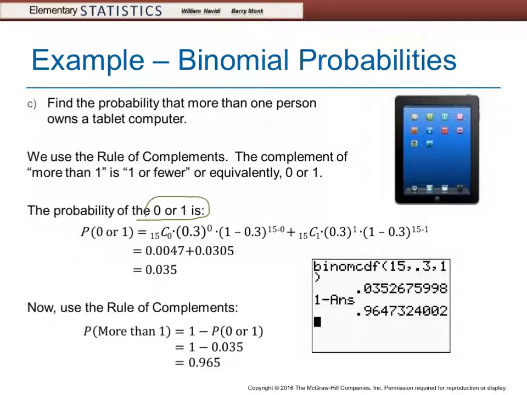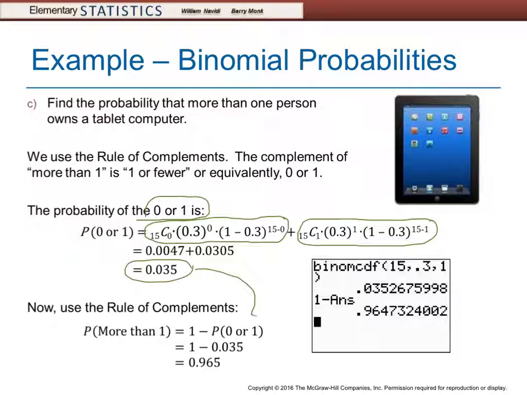We calculate the probability that x is equal to 0 plus the probability that x is equal to 1. We add those together and get this number, but then we have to use the complement, because what we're really trying to find is the probability of more than 1. So we subtract 1 minus 0.035 and we get 0.96.